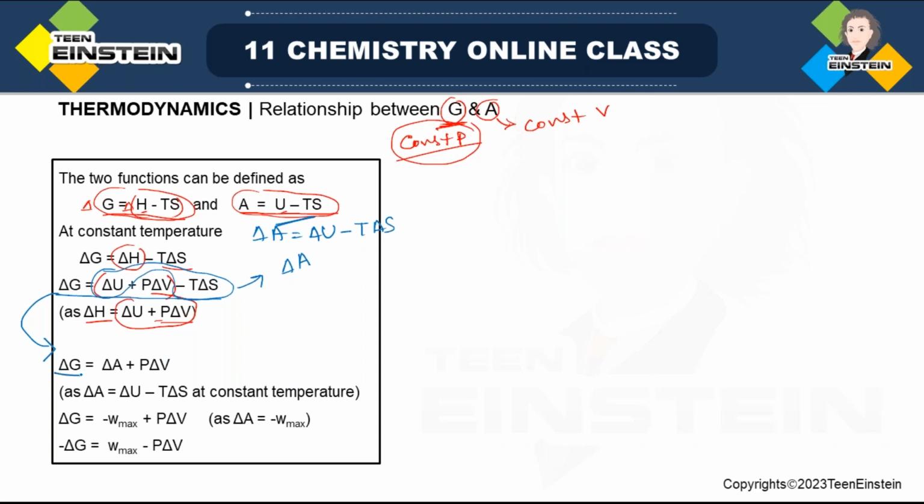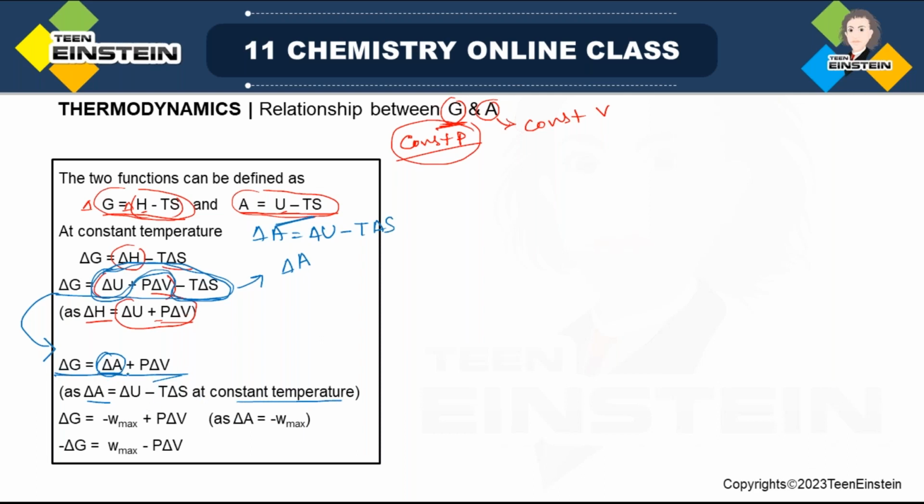See how we have written del G is equal to del A plus P del V. This part is del A and the rest of the part is P del V, and here in brackets it is written that del A is equal to del U minus T del S provided temperature is constant. So finally, this is the relationship between del G and del A.